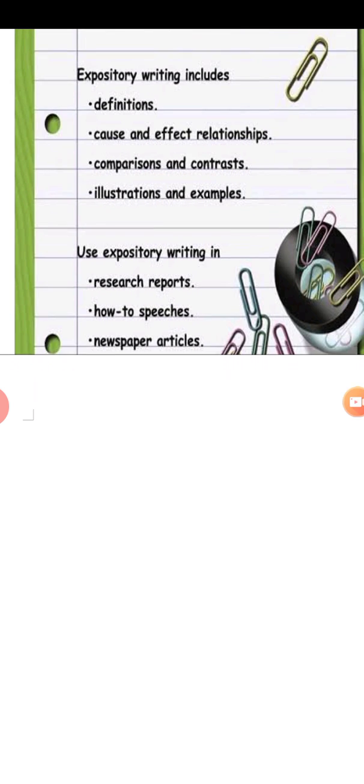Comparisons and contrasts, and illustrations and examples. You can use expository writing in research reports, how-to speeches, newspaper articles, or if you were writing imaginatively: if you were a bird, if you were an invisible man, what would you do?